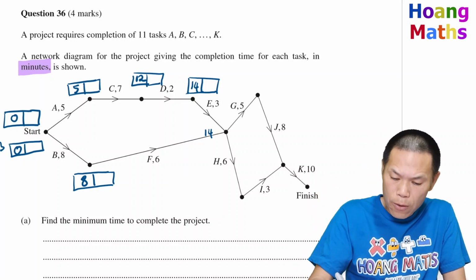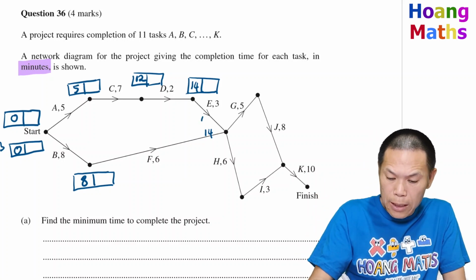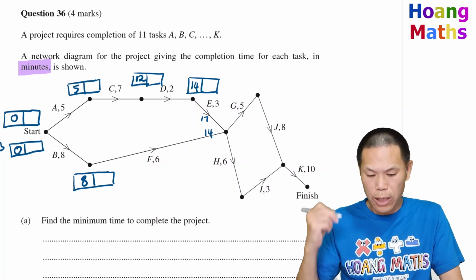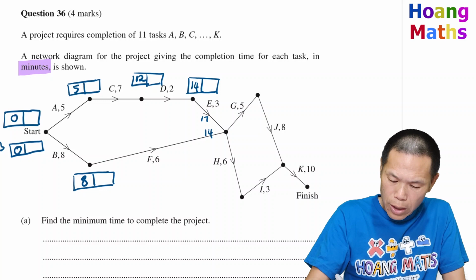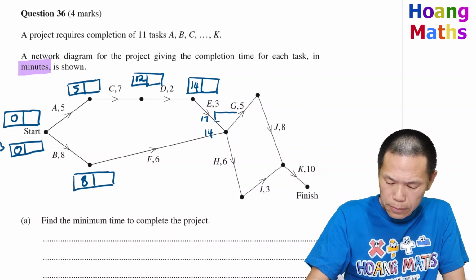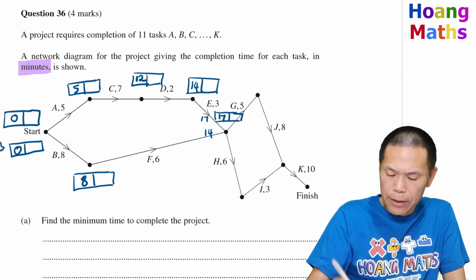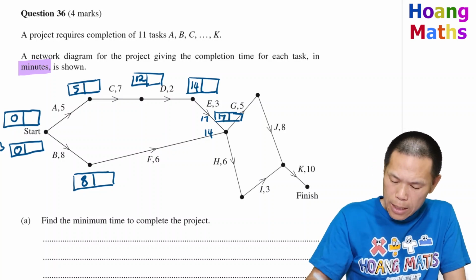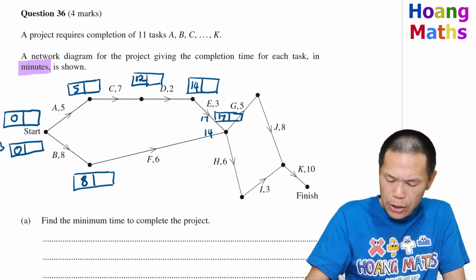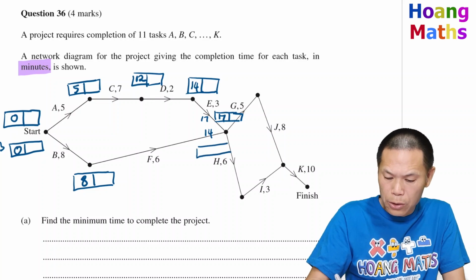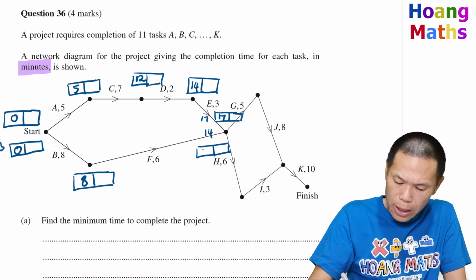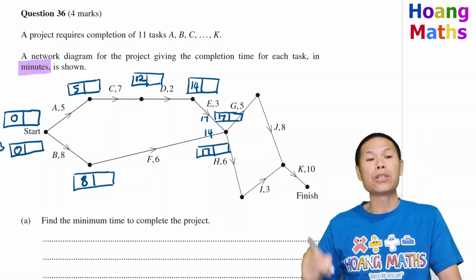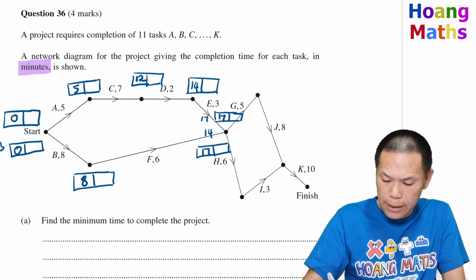Therefore 17 is the earliest time you can start on activity H and G. Let me write it on here. So this is 17, and for H it is 17 as well, because we need to complete activity E and F. So the earliest time you can start activity H is 17 minutes later.